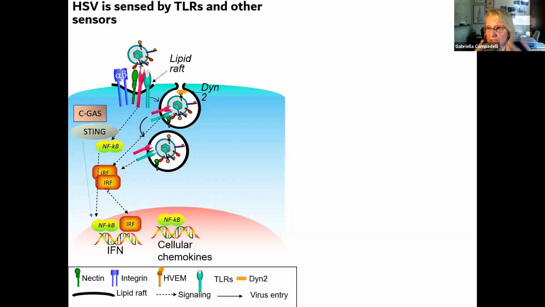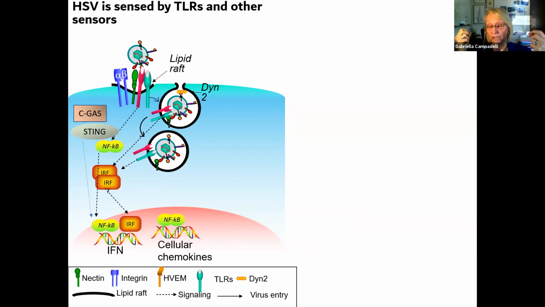And there are several sensors in the cell which detect the presence of a virus. And the sensors, in case of HSV, are the toll-like receptors. We worked at this, actually, we discovered this. And there are other cytoplasmic sensors, cGAS, STING, IFI-16, and so on. And NF-kB becomes activated. All this goes to activate some cellular genes, among which is interferon.